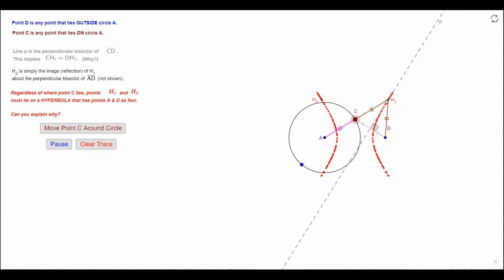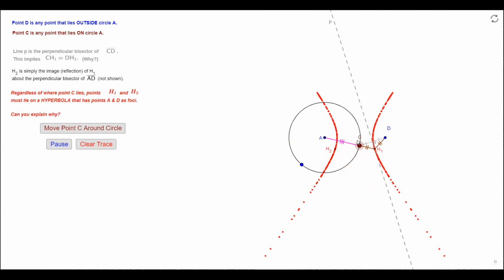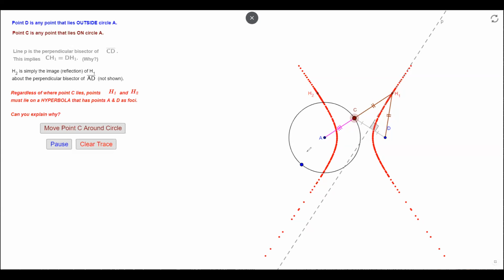Now, C to H1 is the same distance as H1 to D. So if you constantly move this point around the circle, the distance from H1 to D and from H1 to A, if you subtract those two distances every time, so if I draw on the screen for a second, you take this distance and then subtract this distance, you're left with just this part. And no matter where you move this point around the circle, the difference of those two distances is always going to be the same.